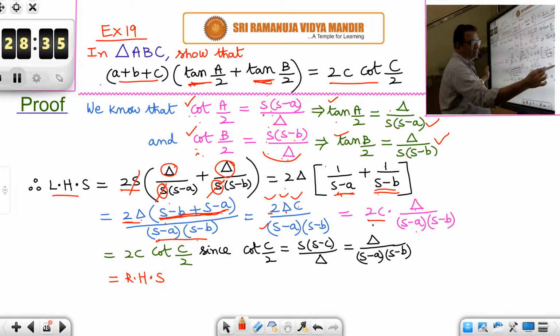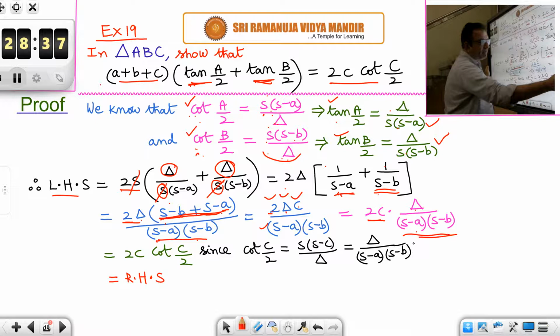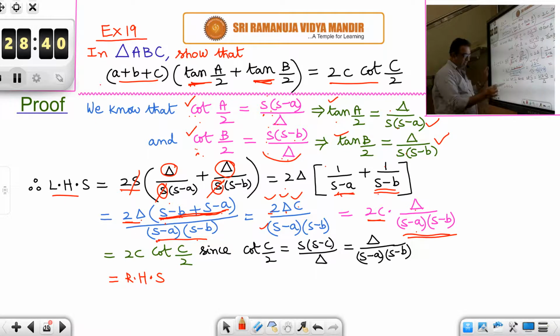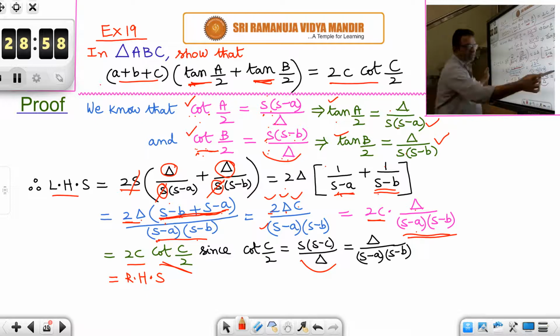That is nothing but, we have to prove that it is equal to 2c cot c by 2, is it not? So we have got 2c into something. So this something must be cot c by 2 only. Is it cot c by 2 or not? Let us check up. Cot c by 2 actual similar formula is what? Cot a by 2 is this one, cot b by 2 this. So cot c by 2 actual formula is s into s minus c by delta. This is our actual formula. But here it is something else. Are they equal? See, is this equal to this? Yes, because if you cross multiply, what do you get?